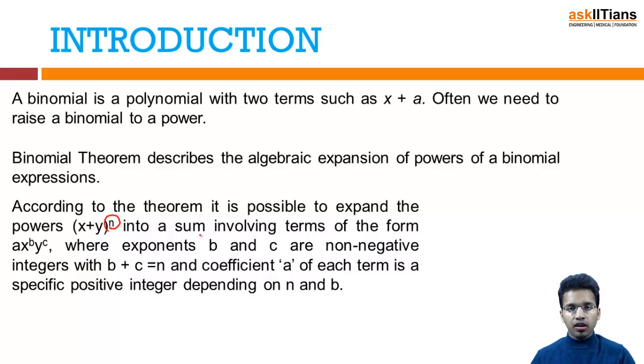The binomial theorem says it is possible to expand this in terms of a x^b y^c, where the condition is b plus c equals n. This power n we are distributing over x and y, which is why it forms x raised to power b and y raised to power c, and their sum should be equal to n. The coefficient a is what we will get from the binomial theorem. That is the crux of the binomial theorem.